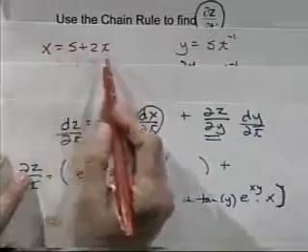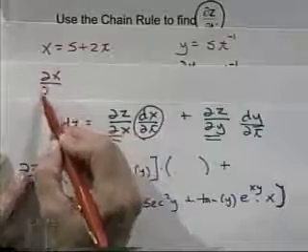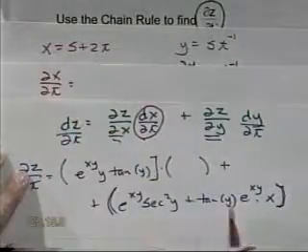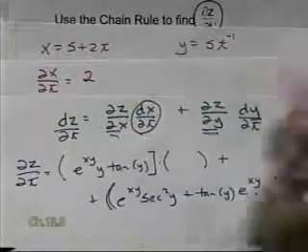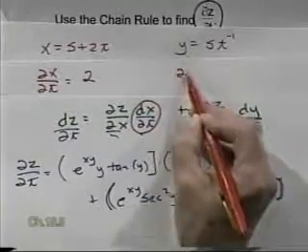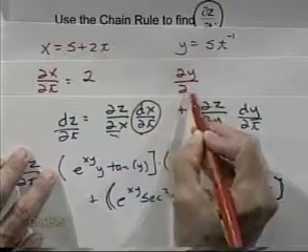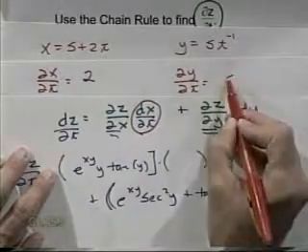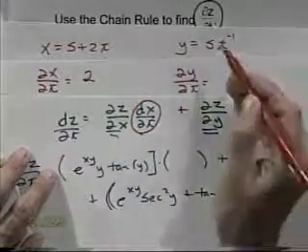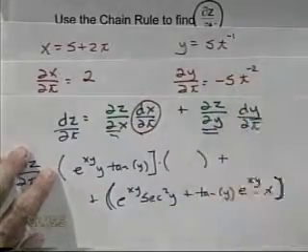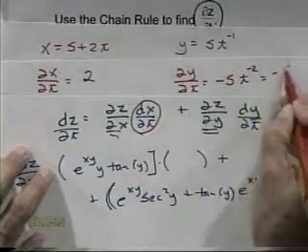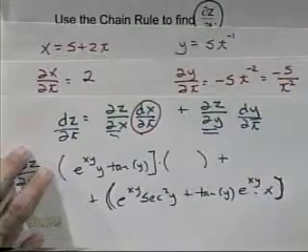Well, if x is equal to s plus 2t, what is the partial of x with respect to t? 2. And if y is equal to st to the negative 1, what's the partial of y with respect to t? Well, s is a constant, so you bring it along, and the derivative of t to the minus 1 is, bring down your minus, leave this alone, decrease your power by 1, so you could write that as minus s over t squared if you wanted to.